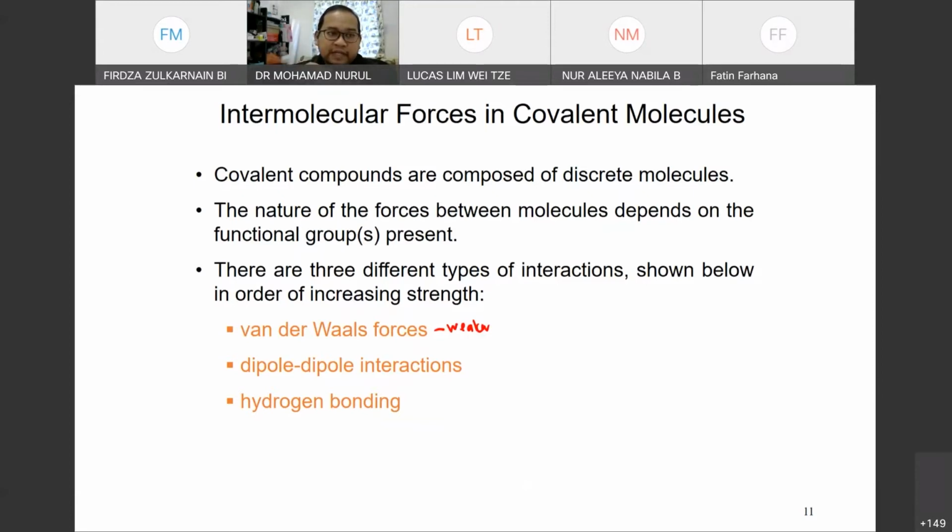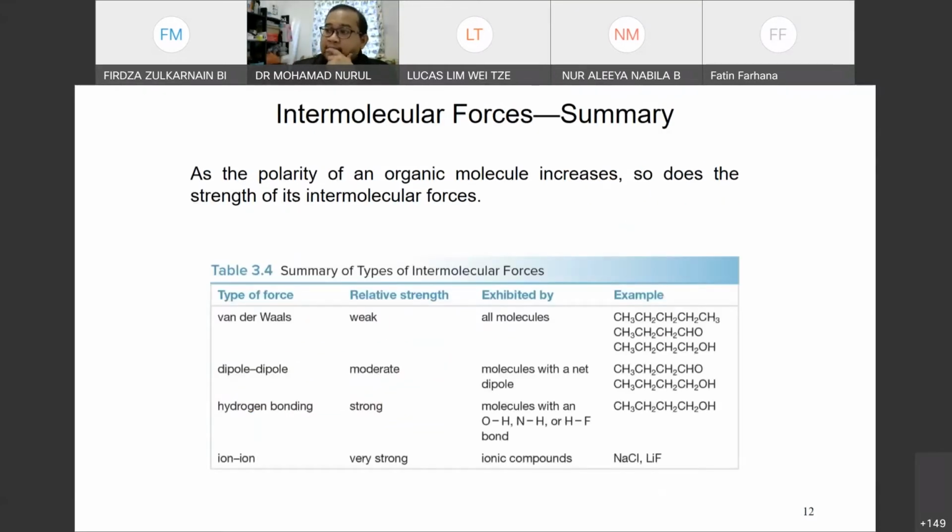The ability of that particular compound to make hydrogen bonding. It's not a permanent bonding, it's just a kind of interaction between water, for example, and that particular molecule, or the molecule itself making hydrogen bonding with itself. So this is a summary of the types of intermolecular force.